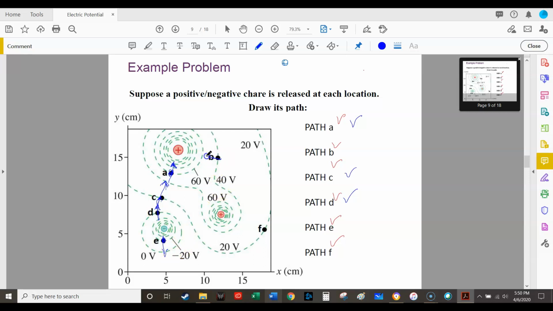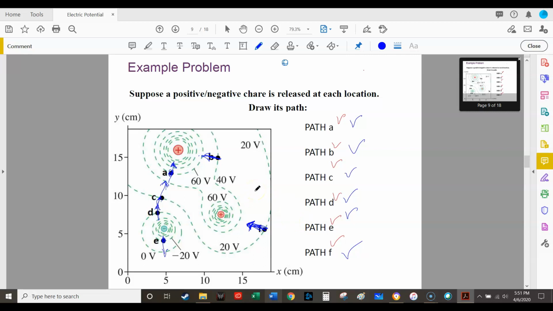Well, at B, the electron is going to try to get towards that source, so it's going to go to the higher voltages away from the lower voltages. And F, the same type of thing, it's going to go directly opposite the direction of the electric field, so it's going to head up and to the left. Okay? So those are all the paths.